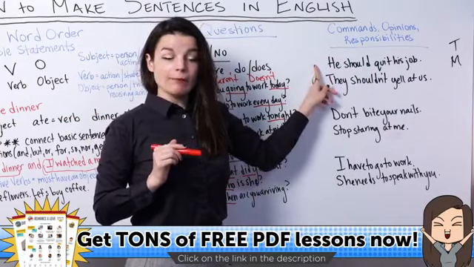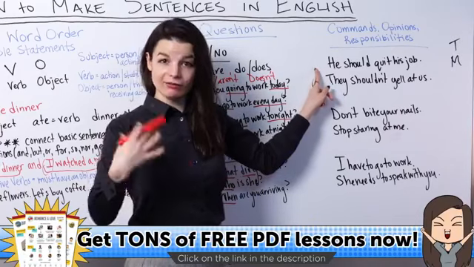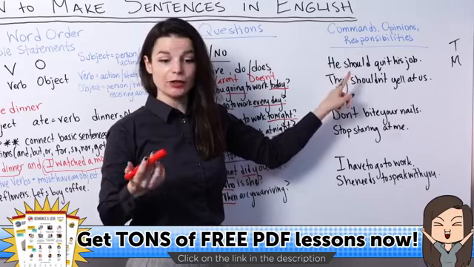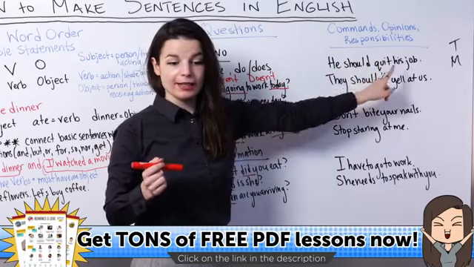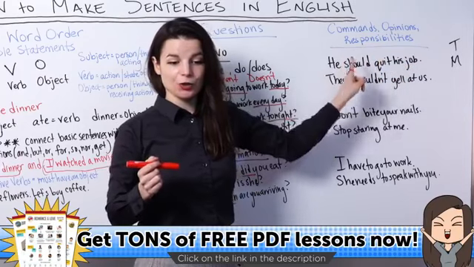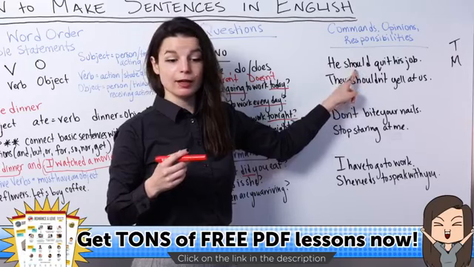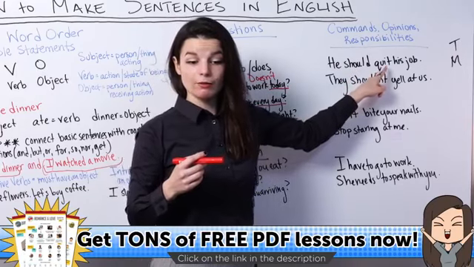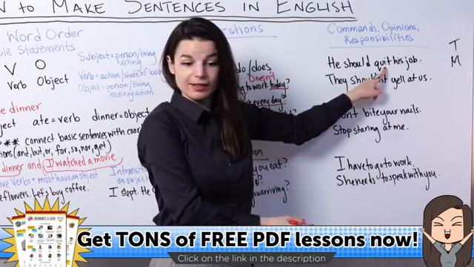In this, I'm focusing on using should for basic, general advice, and the negative shouldn't. For example, he should quit his job. Subject, he. My advice word comes before the verb. So this is a pattern you will notice in all of these example sentences.